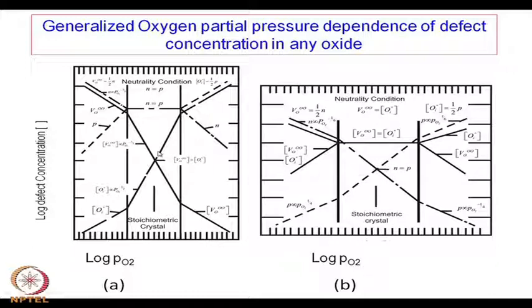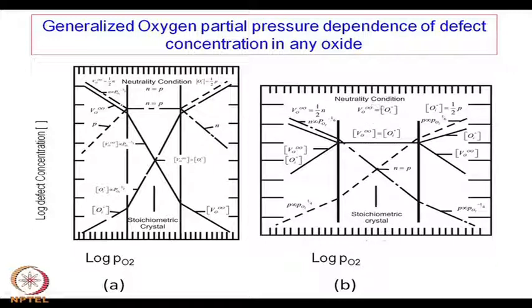This diagram may be valid for one kind of oxide, and that may be valid for another group of oxides. The difference between this and that, as I have mentioned, is that in the stoichiometric crystal it is the ionic compensation which is important.